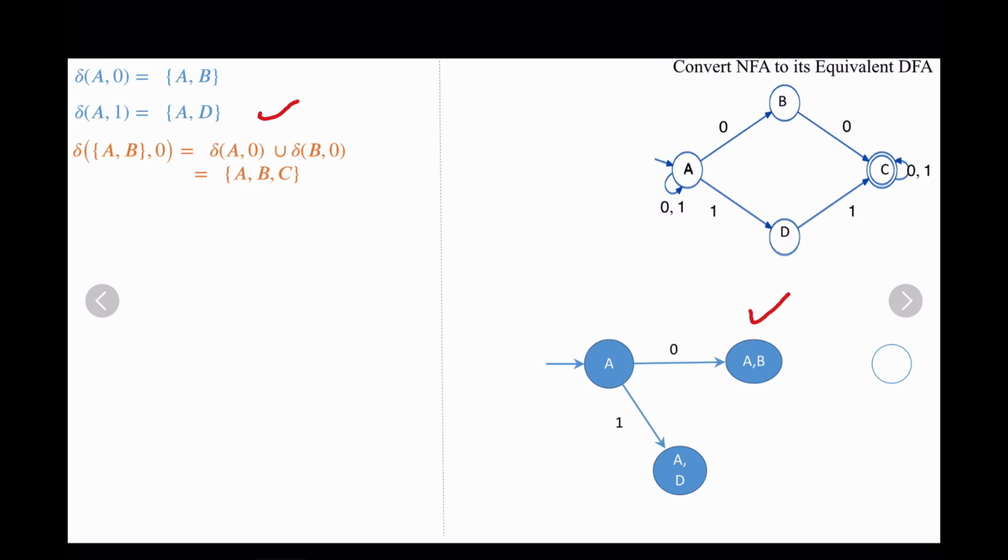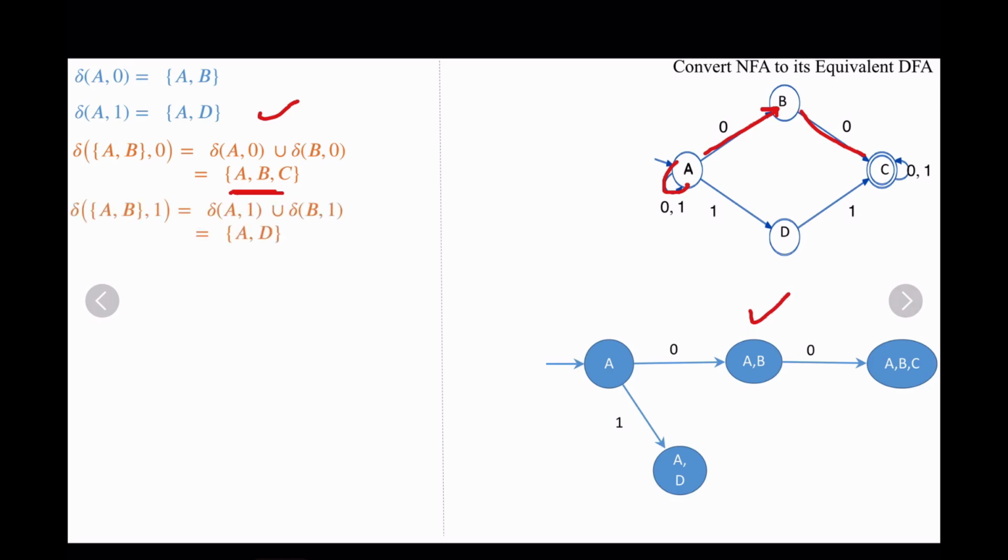A on 0 goes to A and B, and B on 0 goes to C. If I take the union, you will get ABC.